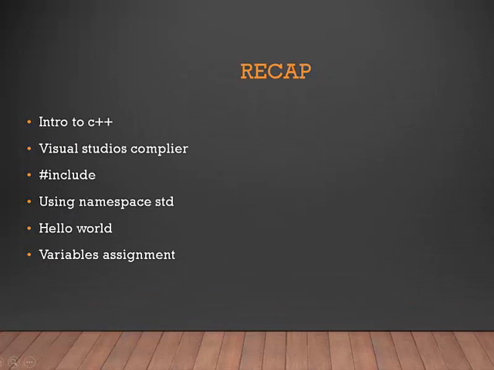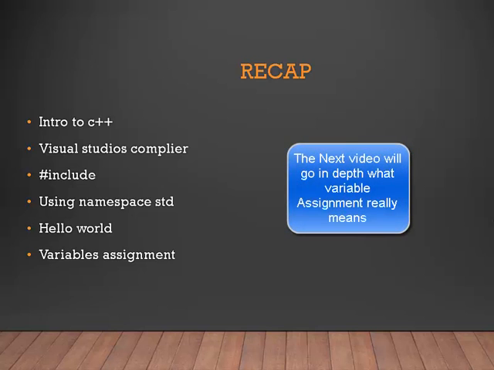We looked at what C++ is. We looked at what Visual Studio is. We talked about what #include and using namespace are, and we did our first program, which is Hello World, and we discussed how variable assignment works, and how you can add 2 variables in a print statement.